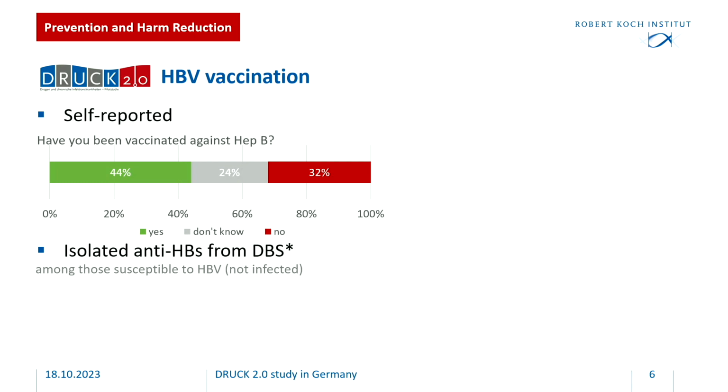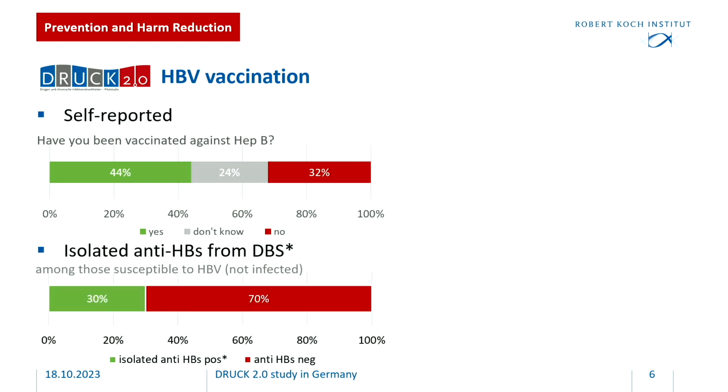For the self-reported, 44% told us, yes, I have been vaccinated against hepatitis B, and 32% said no. And for the measured indicator, we saw that 30% had isolated anti-HBs, which is a sign of previous HBV vaccination.